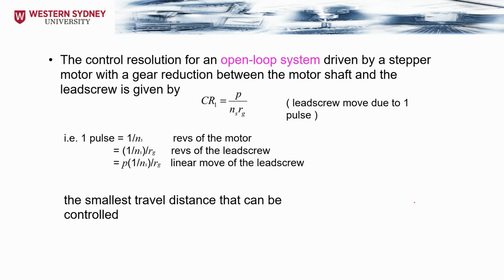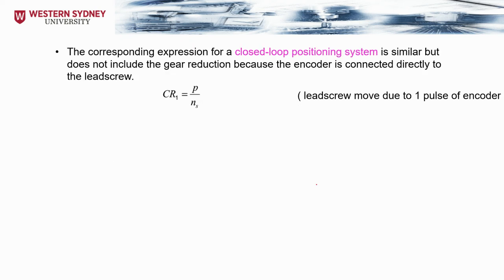The control resolution for the open loop system, driven by a stepper motor with a gear reduction between the motor shaft and the screw, is given by the equation CR1 equals the pitch value divided by the number of steps in the motor multiplied by the gear ratio. So the small travel distance can be controlled by this operation.